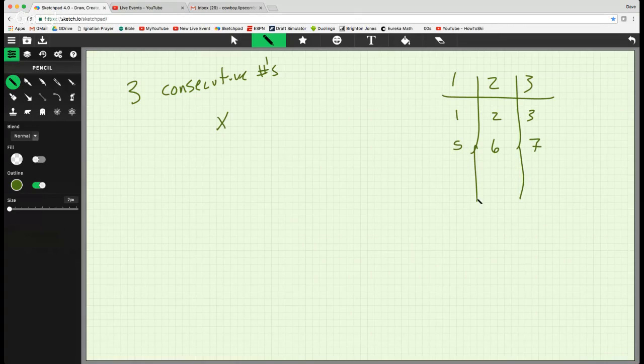If I started with 10, I'd get 10, 11, 12. And so I go plus 1, and I go plus 2. X plus 1, x plus 2. So here, if I had x, this would be x plus 1, and this would be x plus 2. We're going to come back to this.